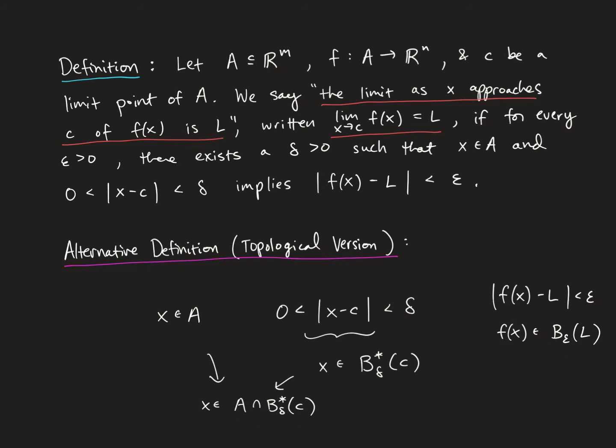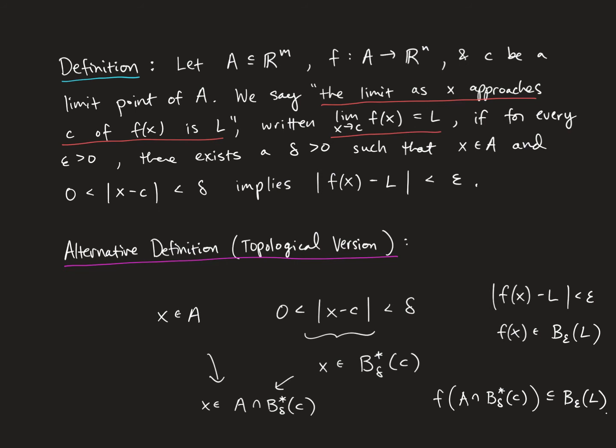So one way we can say that is that f of A intersect the punctured ball of radius delta around c is contained in the ball of radius epsilon around L. So that's a topological way to say that definition.